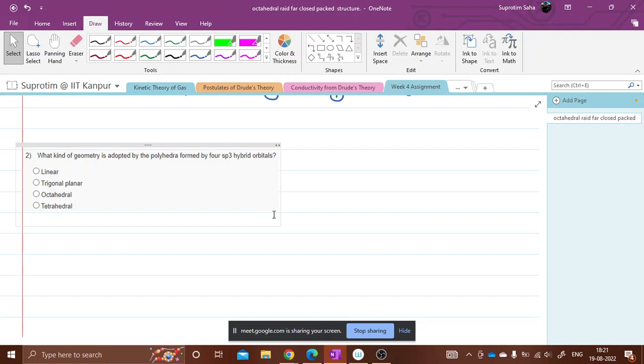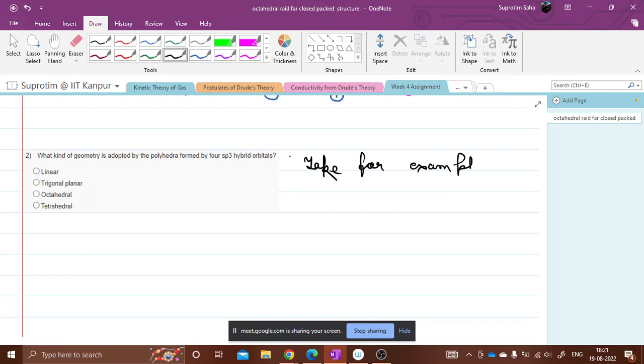If you look into sp3 hybridized orbitals, take for example, as already shown in the video, methane.